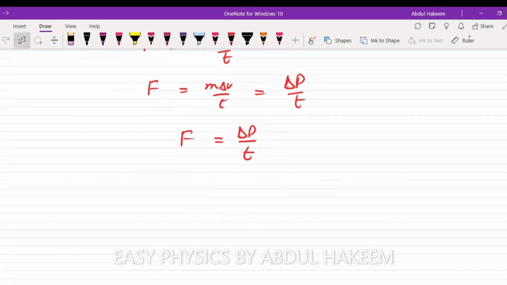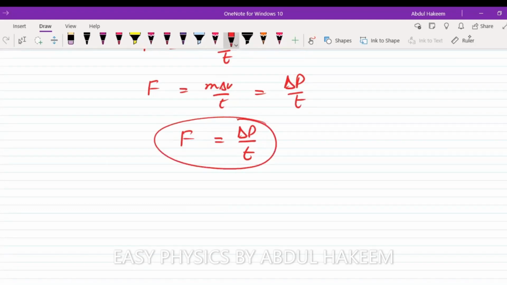If we state it like this, rate of change of momentum is equal to force. That is the force definition. If we state it like this, rate of change of momentum is an unbalanced force. That is the definition of Newton's second law.